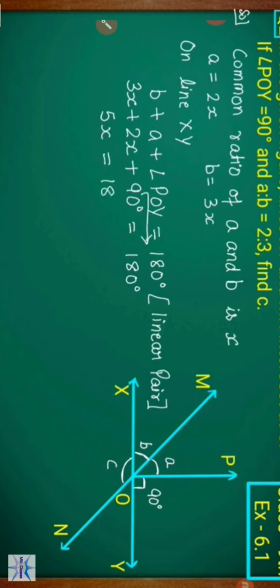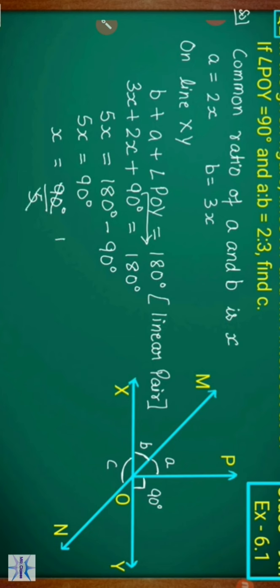Or 90 is transposed to the other side, so it becomes 5x is equal to 90 degree. 5x is equal to 90, so x is equal to 90 divided by 5, because 5 is in multiplication, so on the other side it goes to division. Okay, so your answer is, 5 times 18 is 90, value of x is 18.